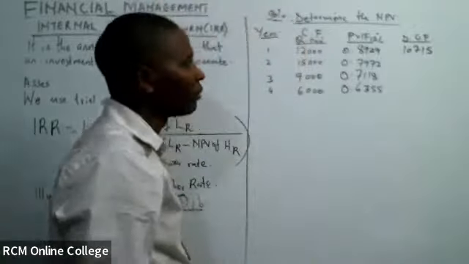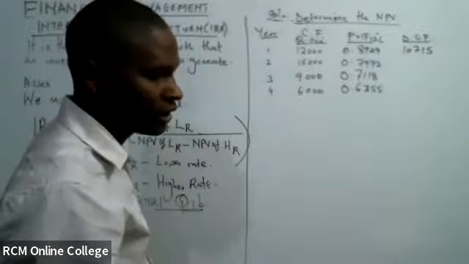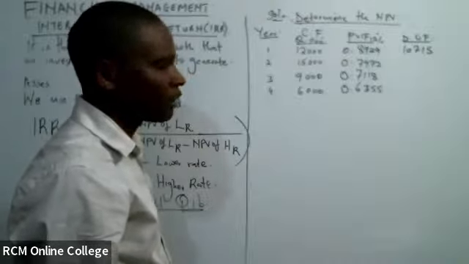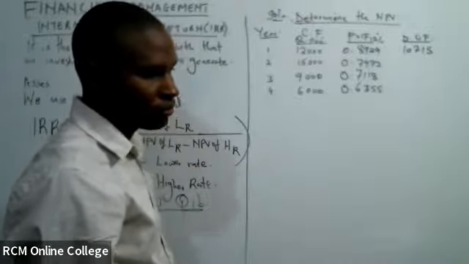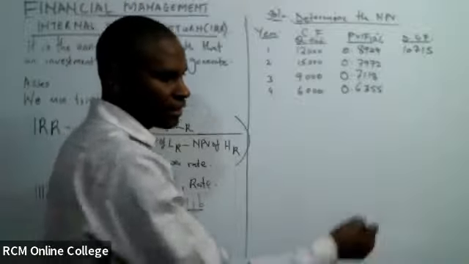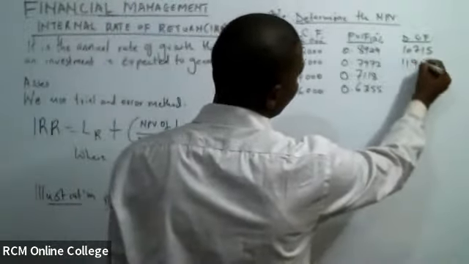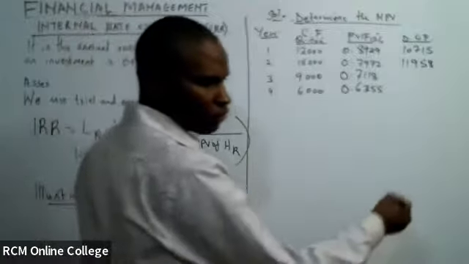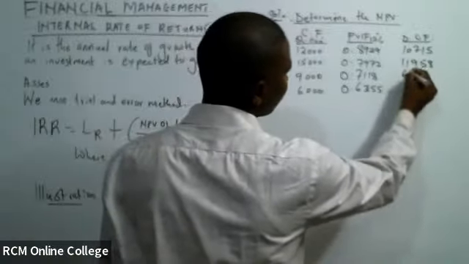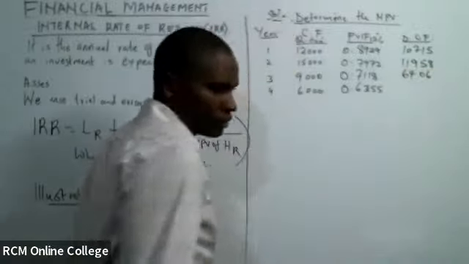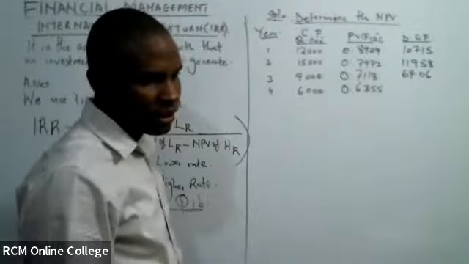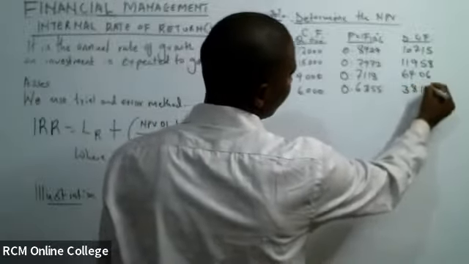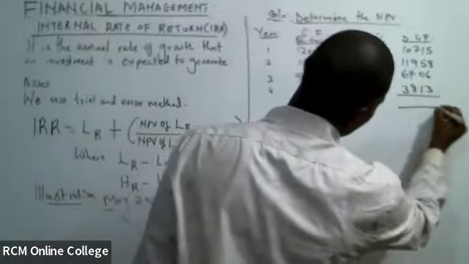Second, and remember speed is key, it guides our mind very well. 15 times that, and 11,958. Third, 6,406. Fourth, 3,813. Let's see who will be the first one to give us the total here.